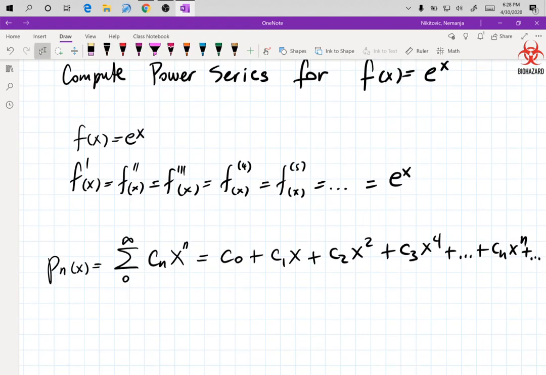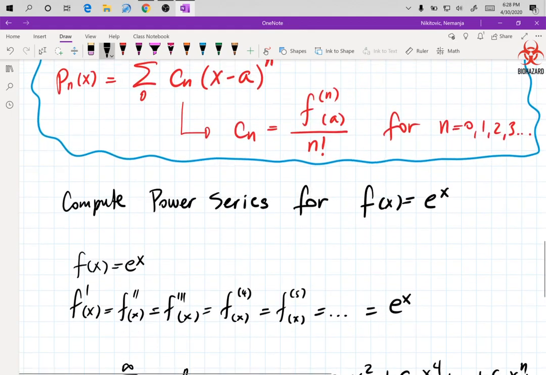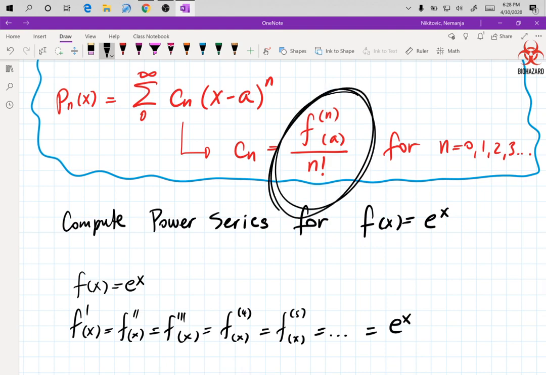Now, each one of these c's has a formula to compute it.